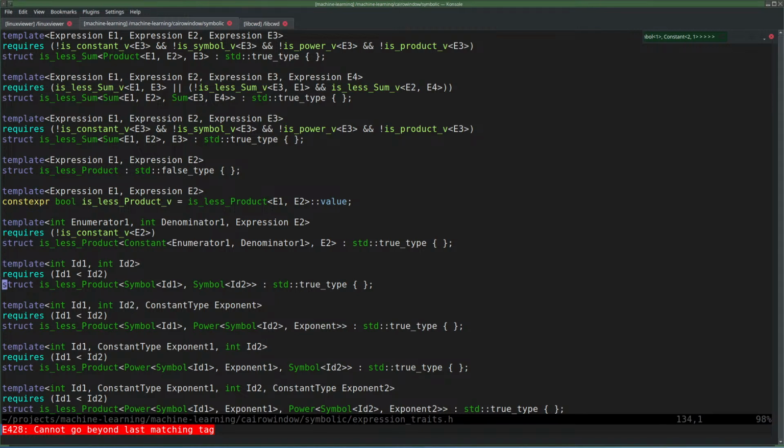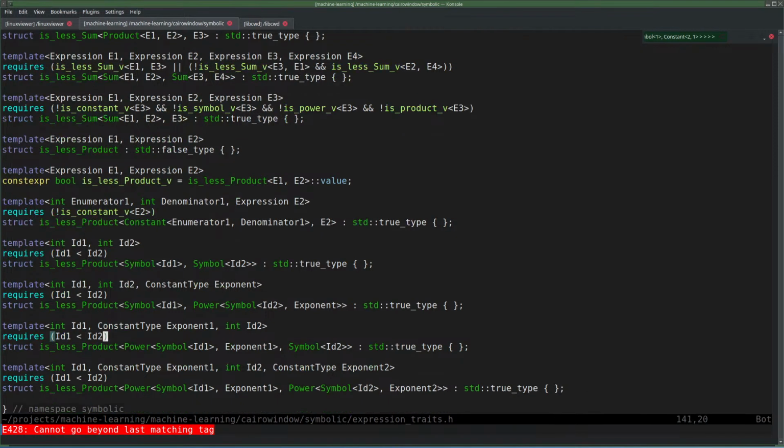And then two symbols: the first one is less than the second if the ID is less, and then I have a symbol is less than a power if the ID is less, and a power is less than a symbol if the ID is less, and a power is less than a power if the ID is less.